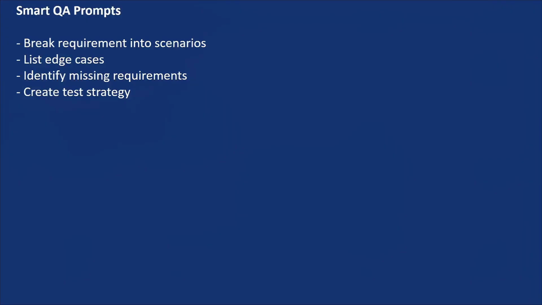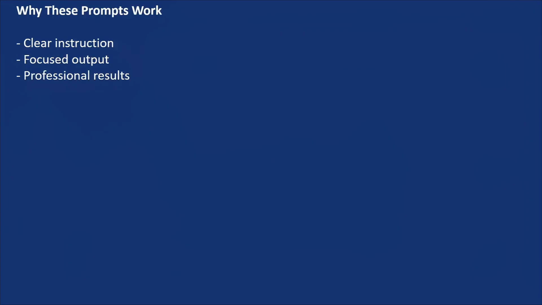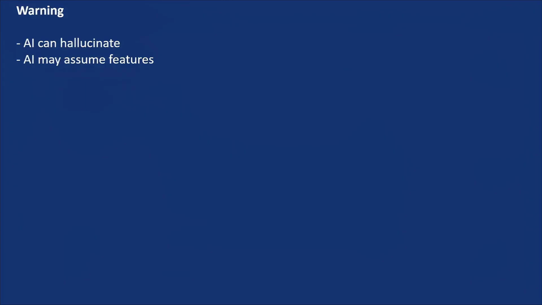The fourth one is create test strategy for this feature. These prompts make you look like a senior QA. Now, one important thing is why these prompts work: because they have clear instruction, focused output and professional results.